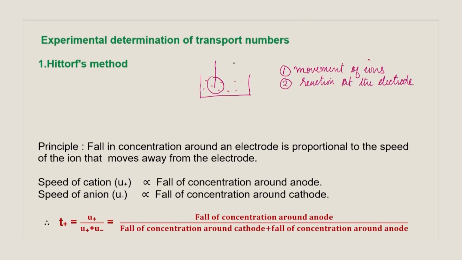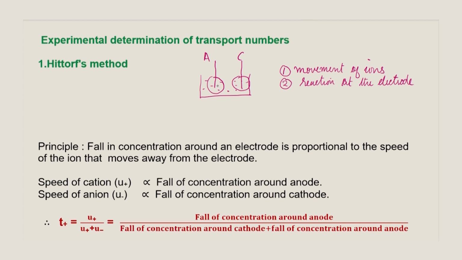So, what Hittorf says is that whenever you have an electrochemical cell where we have an anode and a cathode, suppose this is the anode and this is the cathode, what will be the change in concentrations occurring? Suppose I am taking an electrode which is unattackable, that is, it does not involve any reaction at the electrodes.